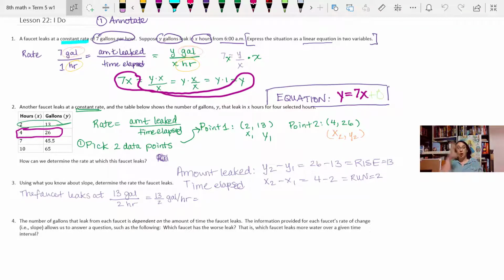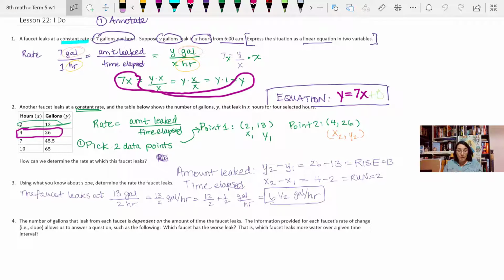So I'm going to split off 13, the closest multiple of 6 to 13 that's smaller is 12. So I'm going to rewrite 13 halves as 12 halves plus 1 half gallons per hour. So 6.5 gallons per hour. And that's the rate at which the faucet's leaking.